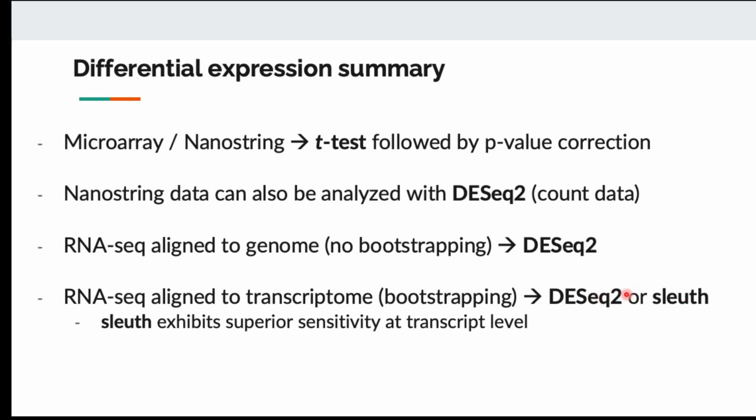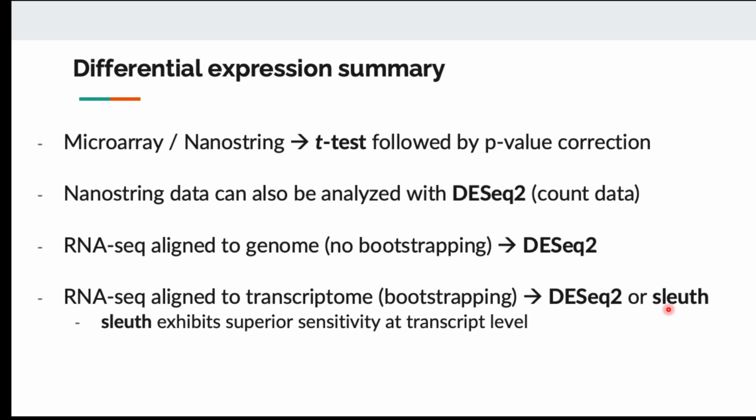So you can plug any output to any software. But if your analysis wants to focus on the transcript level, at least from the evidence so far, you should try this software.